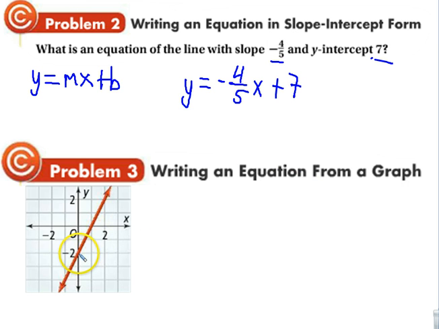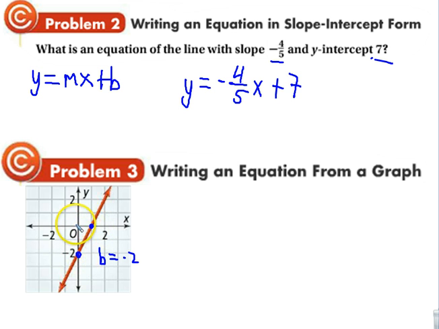Okay, this one, they give us a graph, and we need to figure out the equation. So we need to first know the y-intercept. In this case, b equals -2. Okay, the second thing we need to know is the slope. So I can go from this point to this point right here.